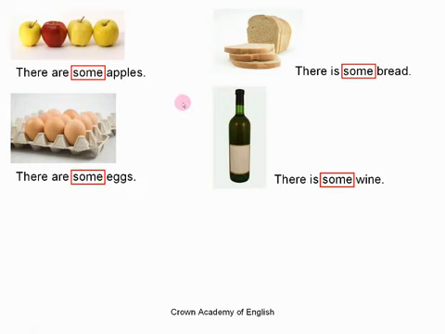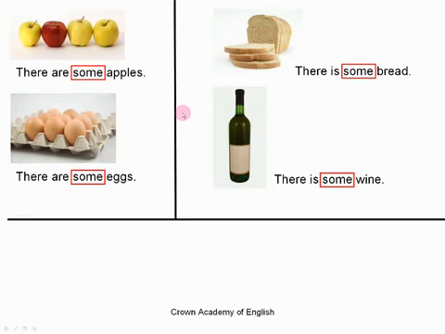So let's look at these sentences in more detail. Well, the first thing we see is that they are all positive sentences. They are all in the affirmative. And there are two types of positive sentence here. On the left, we can see that this is in the plural.